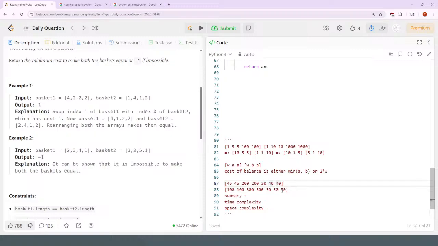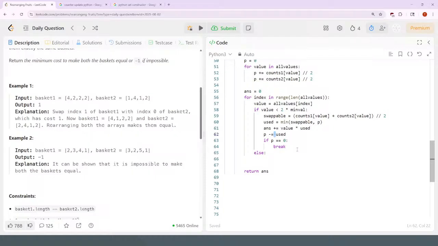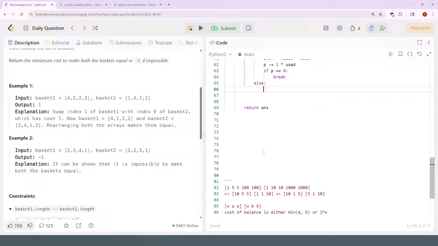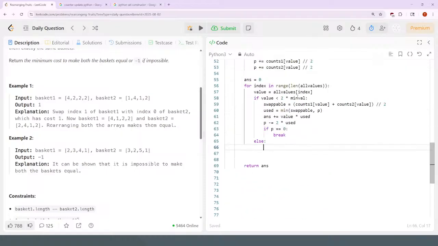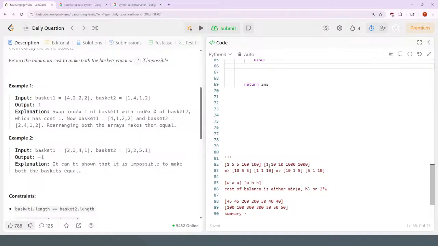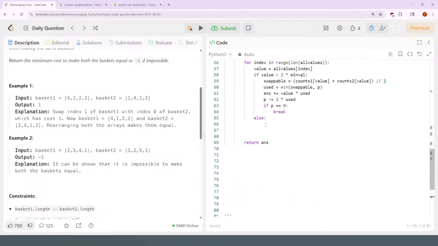And here, if the value is bigger, the remaining stuff is using the 2w, and 2w gets rid of 2 pairs, so each w gets rid of a pair. So I think here it's going to be answer plus equals p times min value.